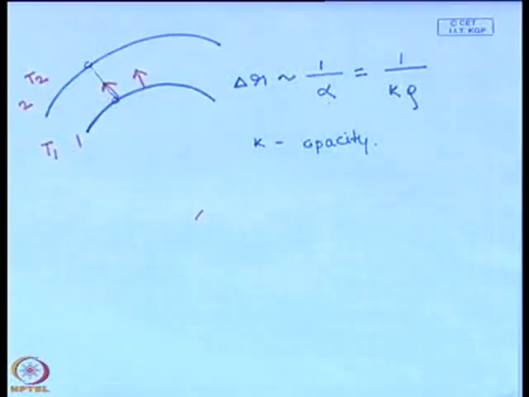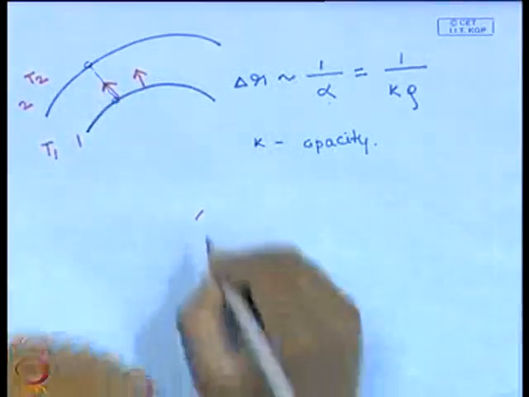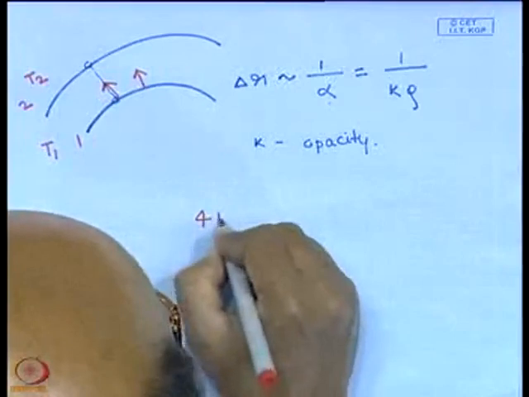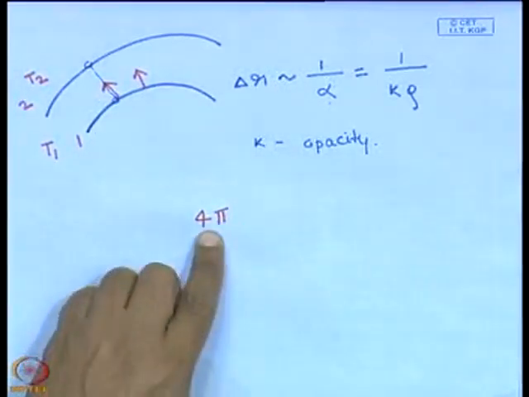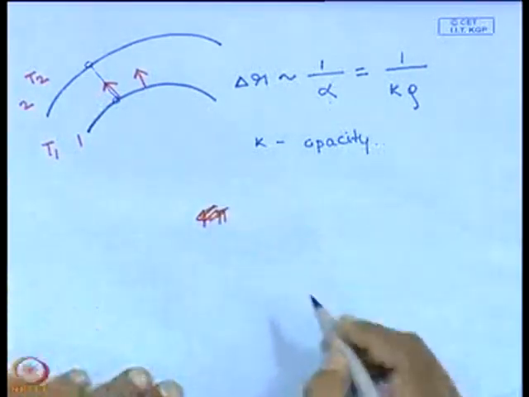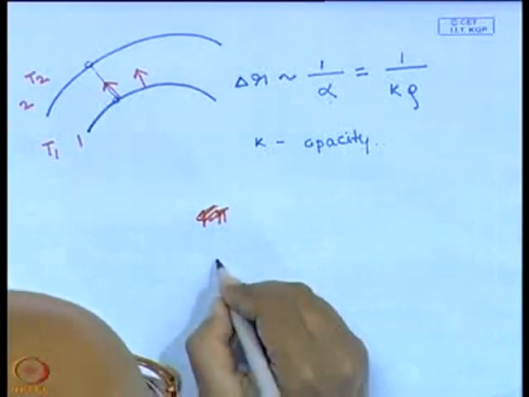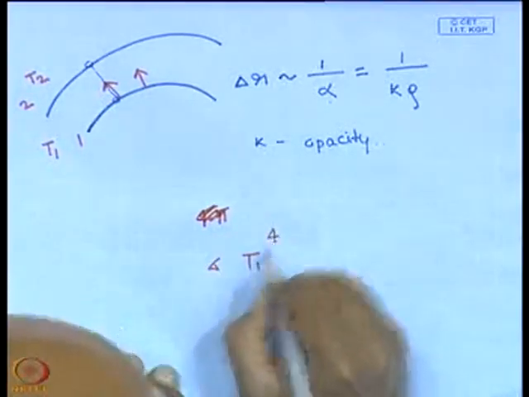So, the energy flux that is being radiated out is sigma T1 to the power 4.